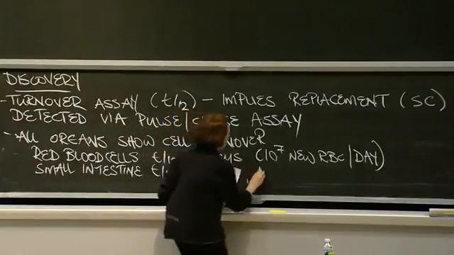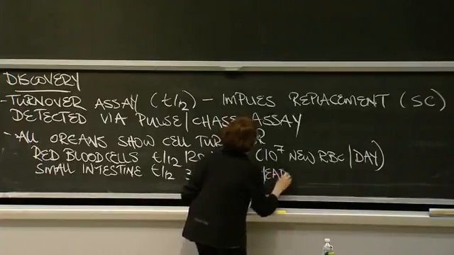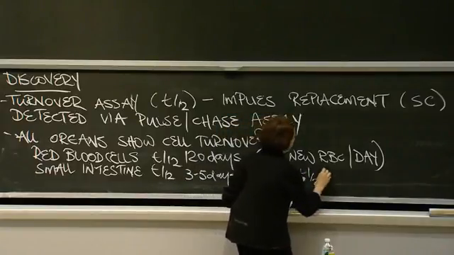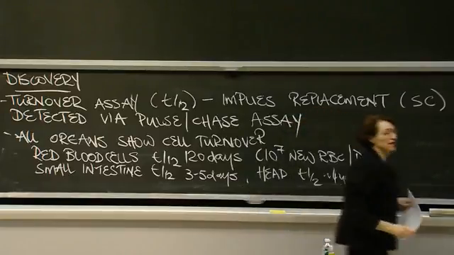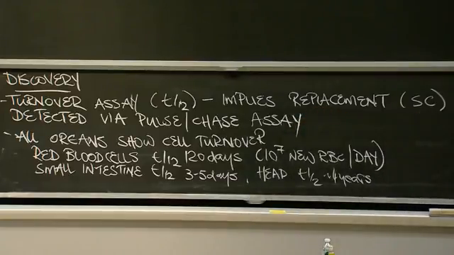And the hair on your head has a half-life of about 4 years. So it's variable for different kinds of cells.